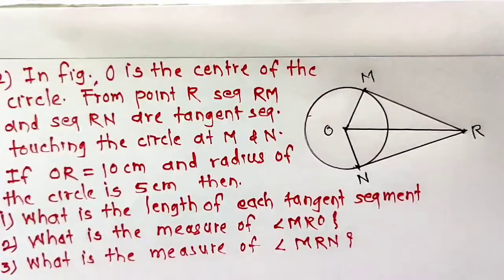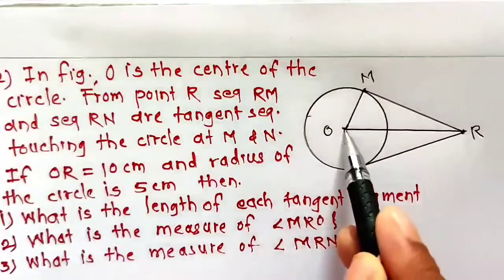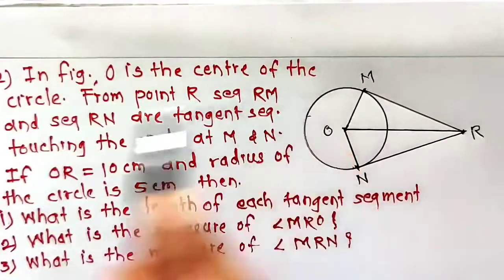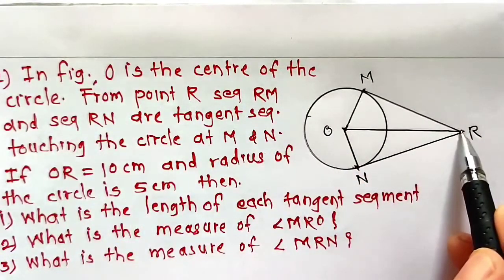So here it is, question number 2. Now read that question first, because it is a very lengthy question, but the answer is short. In the figure, O is the center of a circle. R is in the exterior of the circle.